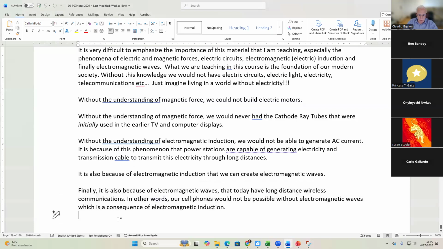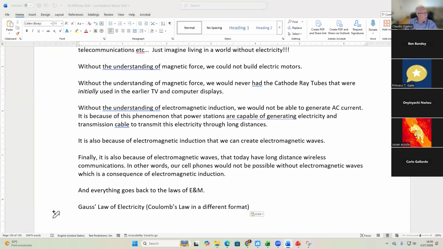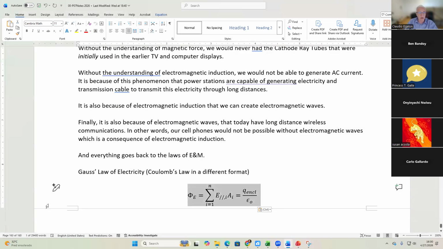Let's spell them out here. Gauss's law of electricity. Remember, you gotta memorize those laws. I usually like to tell my students that if you have to memorize anything in physics, memorize the laws of physics until your very last day. Here you go, Gauss's law.